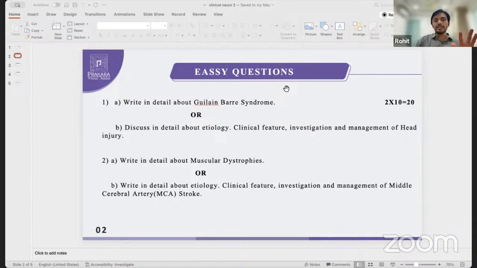Other associated features in myotonic dystrophy are myotonia, which is abnormally sustained contraction or difficulty in relaxation, basically. They can have cognitive impairment, cardiac conduction defects, cataracts or lens opacification, frontal baldness, or hypogonadism.